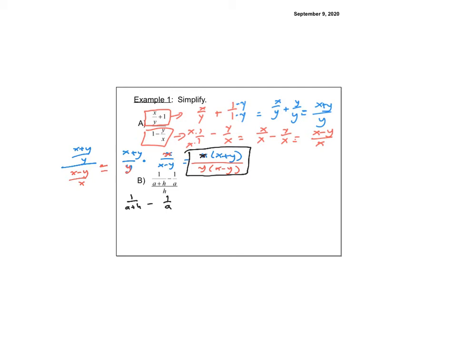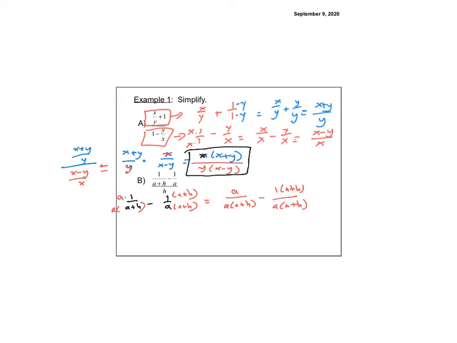So we need a times a plus h. So then I get a over a times a plus h minus 1 times a plus h over a times a plus h.